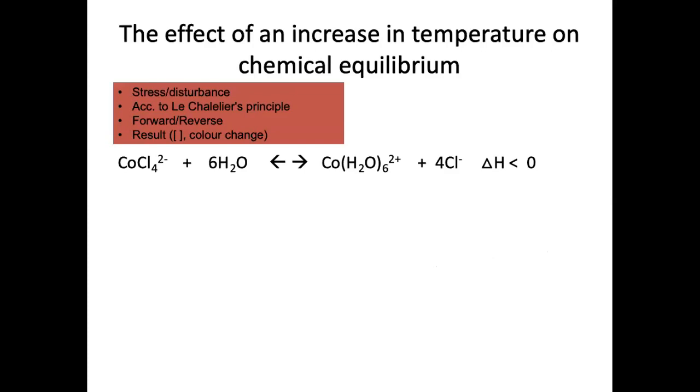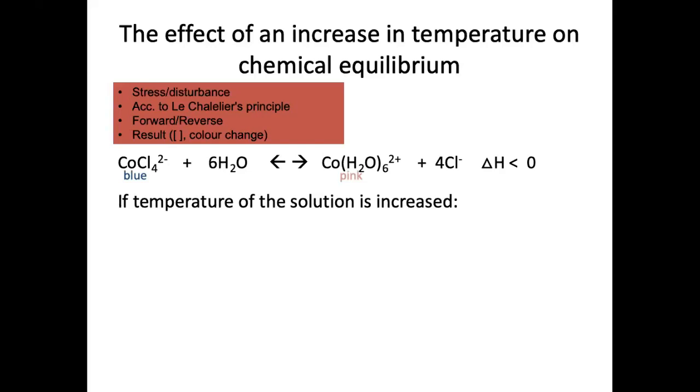So if they tell you that delta H is less than 0, what does that mean? If delta H is less than 0, that means that the forward reaction is exothermic. So if the forward reaction is exothermic, then the reverse reaction will be endothermic.